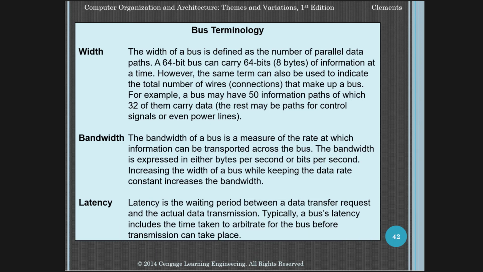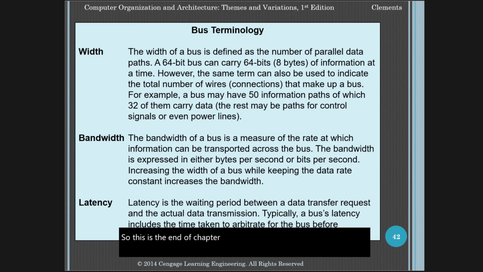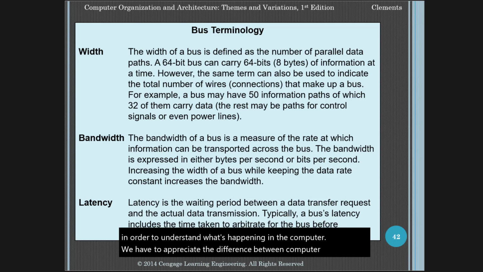So this is the end of chapter 1. In summary, in order to understand what's happening in the computer, we have to appreciate the difference between computer architecture and computer organization. Right? Architecture is concerned with the operation of the computer at the level of the assembly language programmer and represents kind of this idealized, abstract view, which is fine for software development.